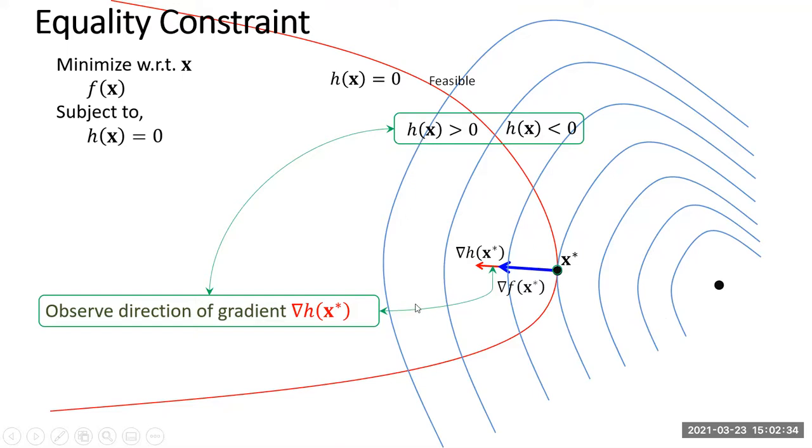Correct? Are you guys with me so far? Yes. Okay, so del h of x is in this direction or this direction. Now, it must be orthogonal to h of x equals 0. So this red arrow must be orthogonal to this h of x equals 0 curve, correct?